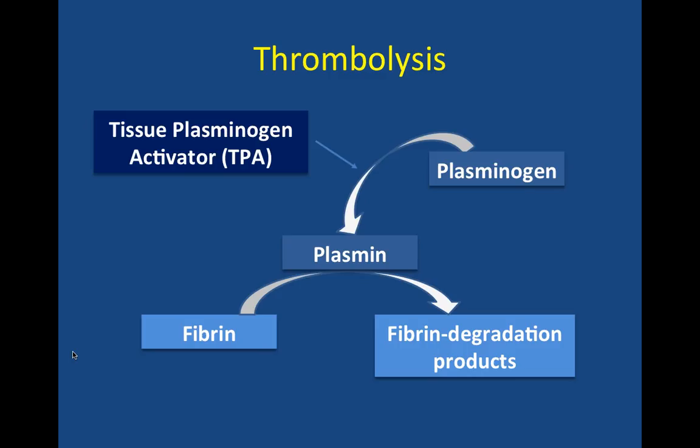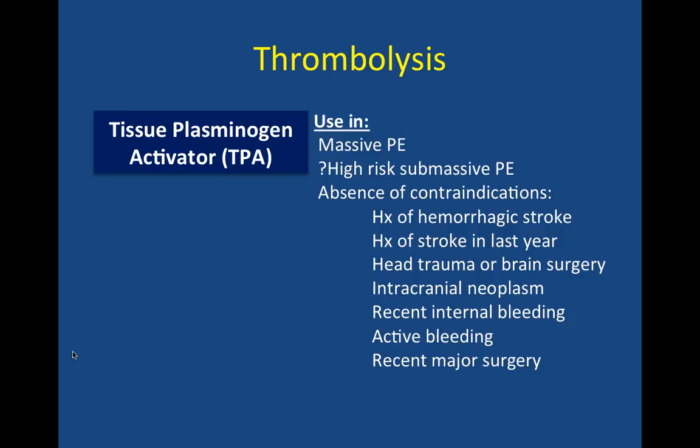As opposed to heparin and warfarin, which are indirect inhibitors of factors, these medications are direct inhibitors of factor 10A, and dabigatran is a direct inhibitor of thrombin, which is factor 2A. And as these are direct inhibitors, they're more predictable, and the dosage is the same for all patients. You do not have to adjust the dosage. I'll come back to mention these a little bit later.